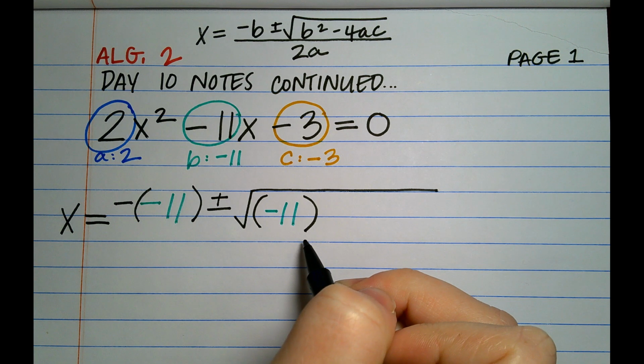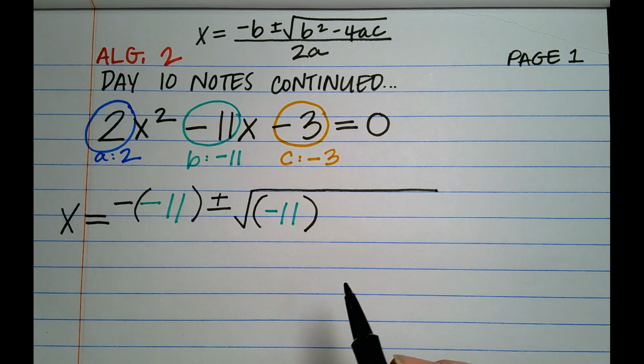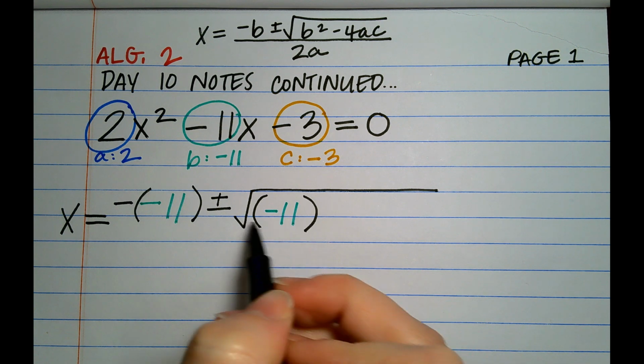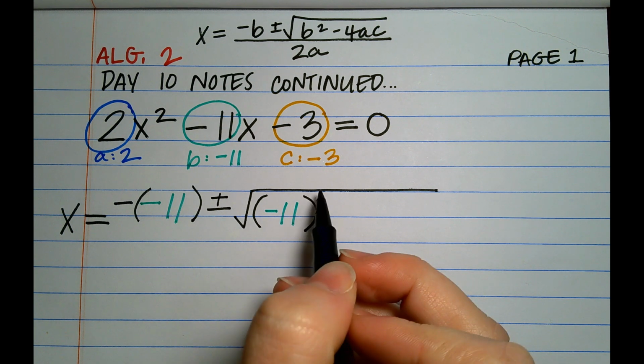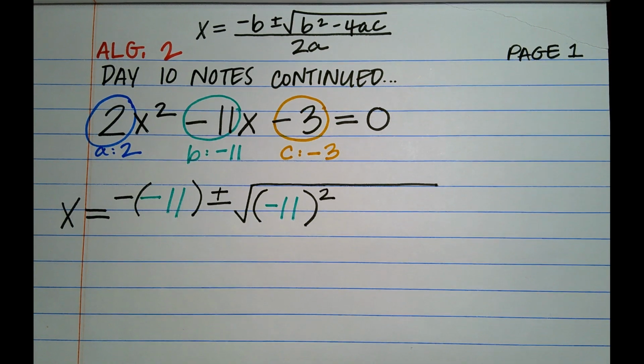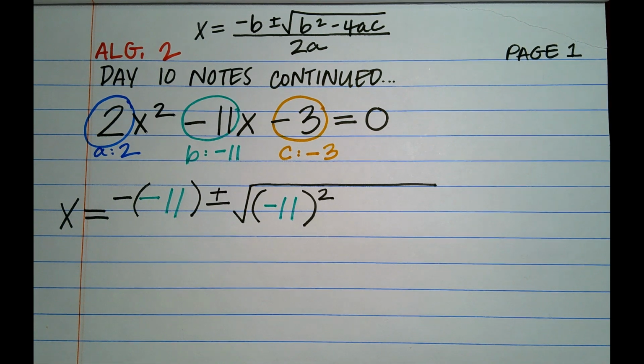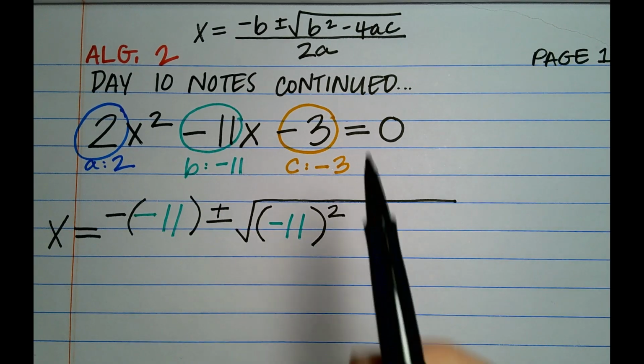And what comes after negative 11? Almost. We just wrote negative 11. The squared, the 2. We can't forget that. I know, we're doing this one step by step. So now I have negative 11 squared.